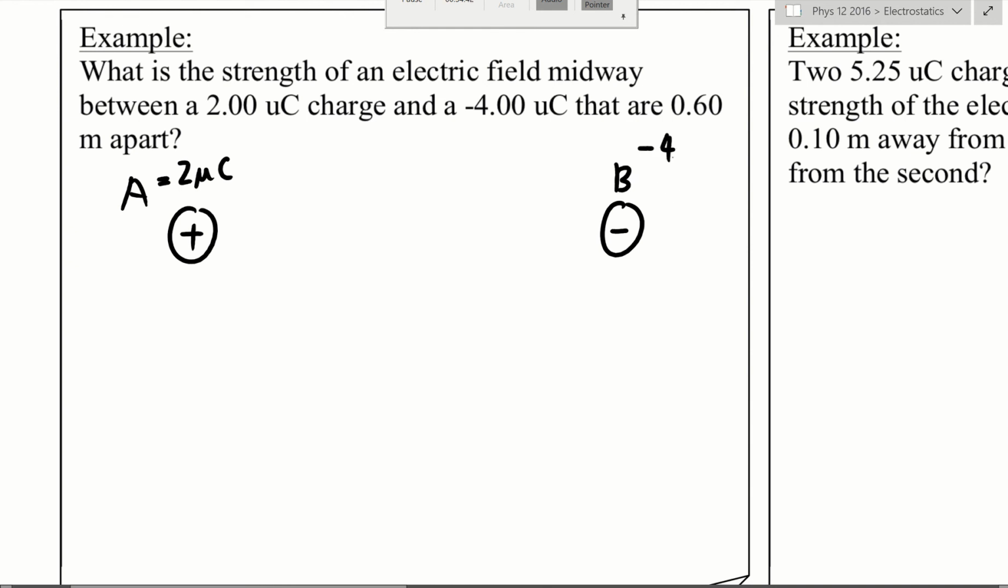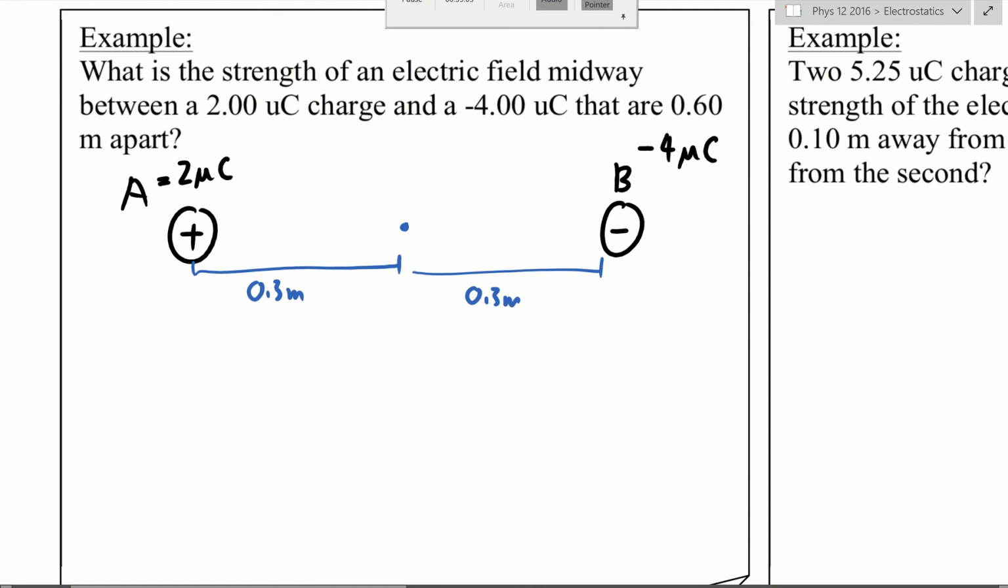They say midway, and these two are 0.6 meters apart. So midway means 0.3, 0.3. I actually don't care about the 0.6 anymore. It would just be 0.3 and 0.3, like this.